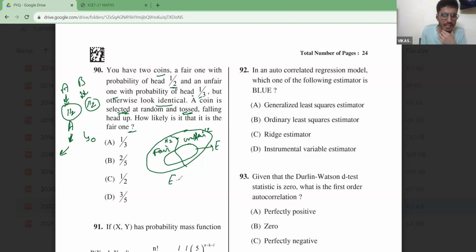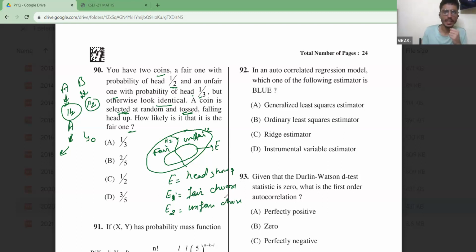Then, if E is the event that head shows, let's say E1 is the event that the fair one is chosen, and E2 the event that the unfair one is chosen.